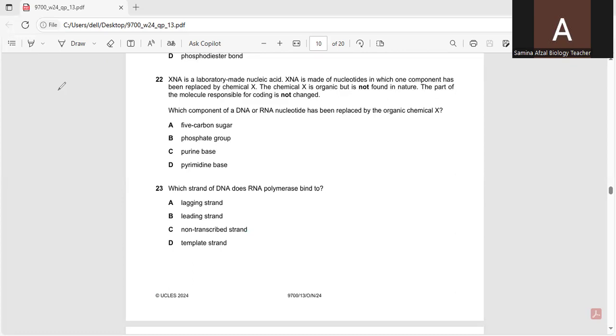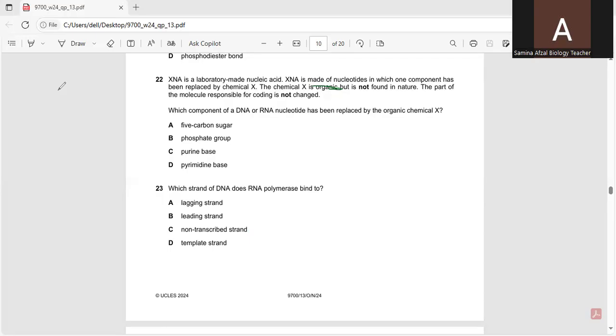Organic, focus on organic. The part of the molecule responsible for coding is not changed. It means the part of the molecule responsible for coding is not changed, and the coding part of the molecule is the nitrogen bases.